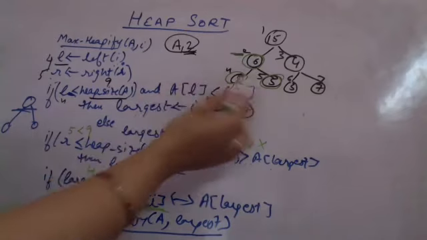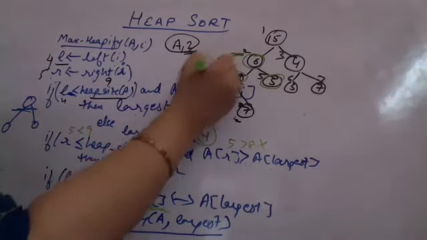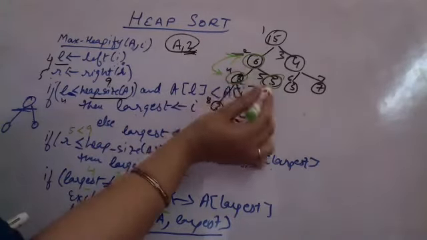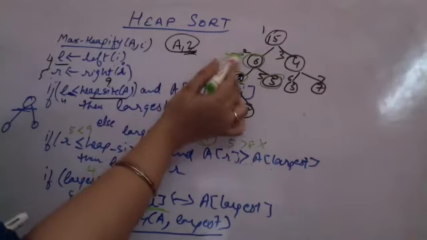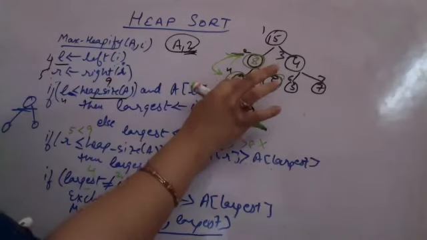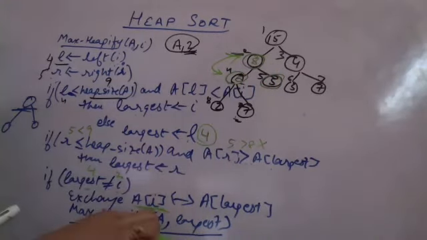So I exchange with the largest child. Since the parent is not greater than the children, 8 comes here, 6 comes here, and I am again calling heapify on A comma largest, this time 4.